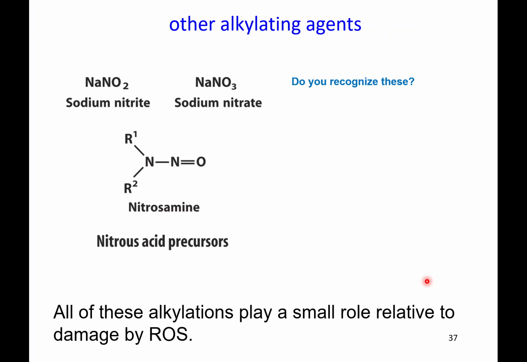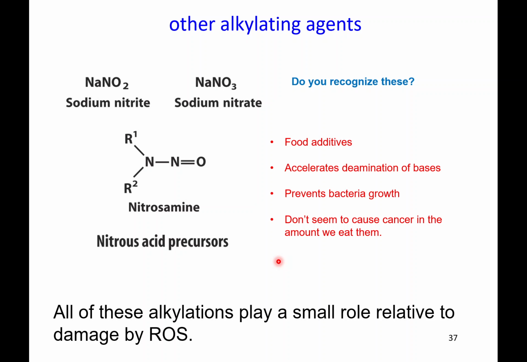Right. Some other alkylating agents: sodium nitrite, sodium nitrate. Okay, so do those names sound familiar? Those are chemicals that are used as preservatives in things like food additives. Things like sausages, for instance.